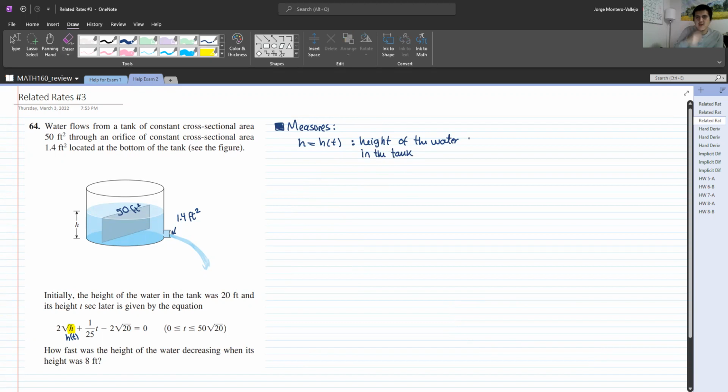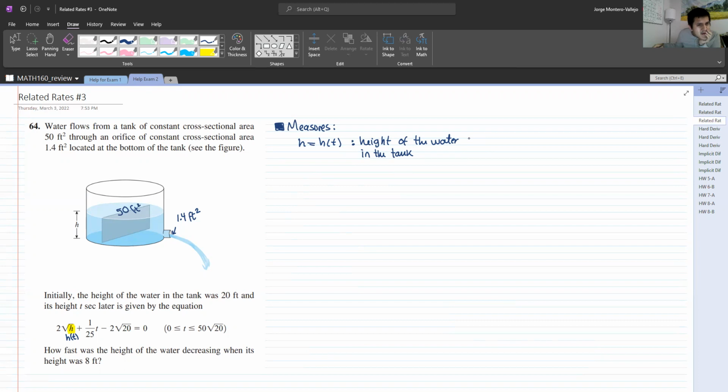Okay, so h of t is a measure that matters in this problem. What other measure matters? I don't think there is any other measure that matters, right? The radius of this cylinder doesn't change. The cross-sectional area doesn't change. We don't know anything about how much water is coming out and if that is changing or not.